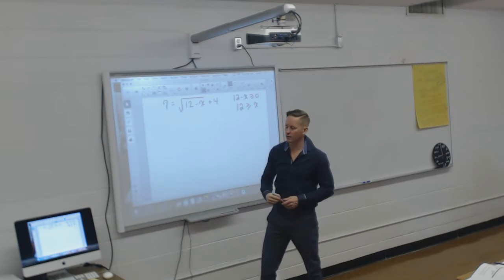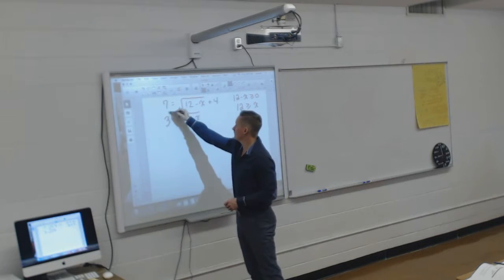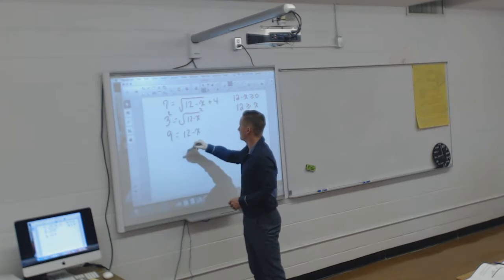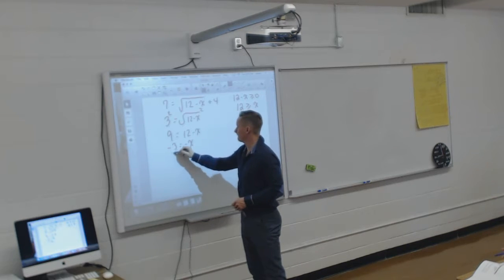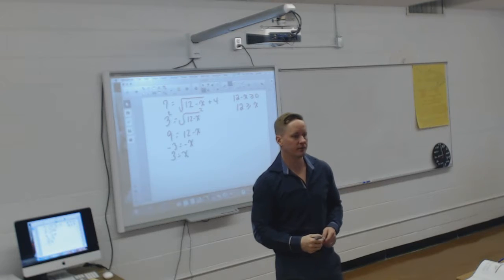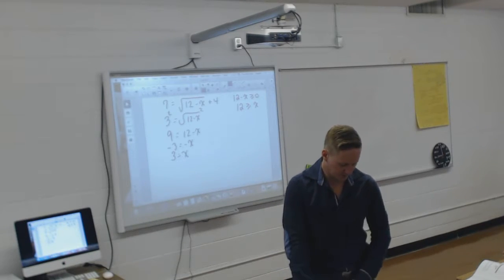So subtract 4. What's the opposite of square root? Square. Is the value less than 12? Yeah. So there's my solution for my question.